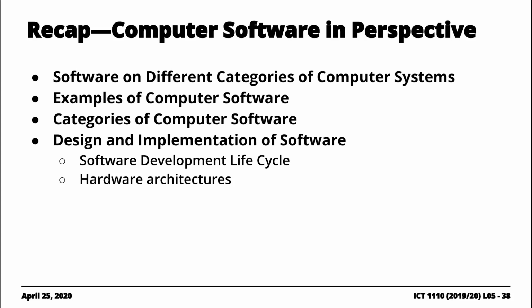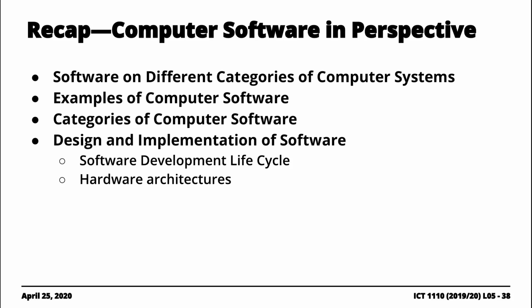Then we looked at some examples of software tools that most of us use, and briefly went through a discussion of the design and implementation process that you'd have to go through to create these things we are calling computer software.